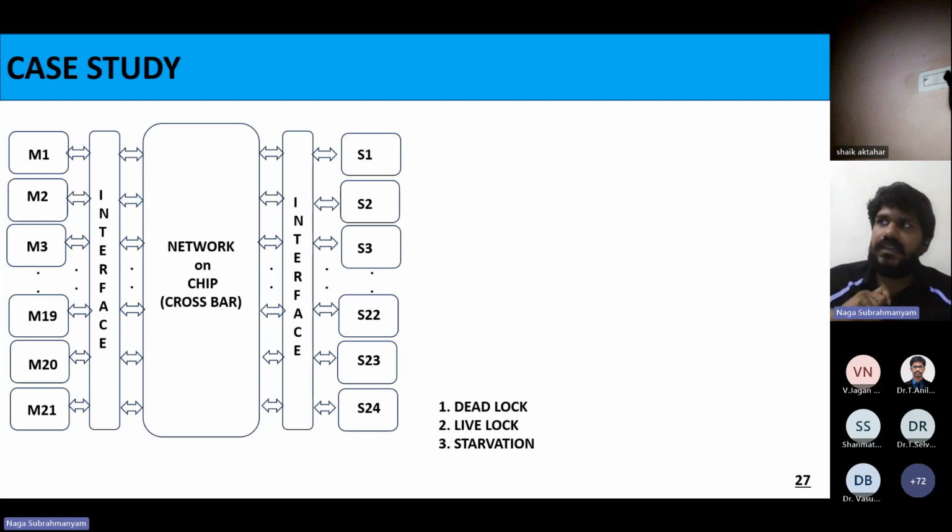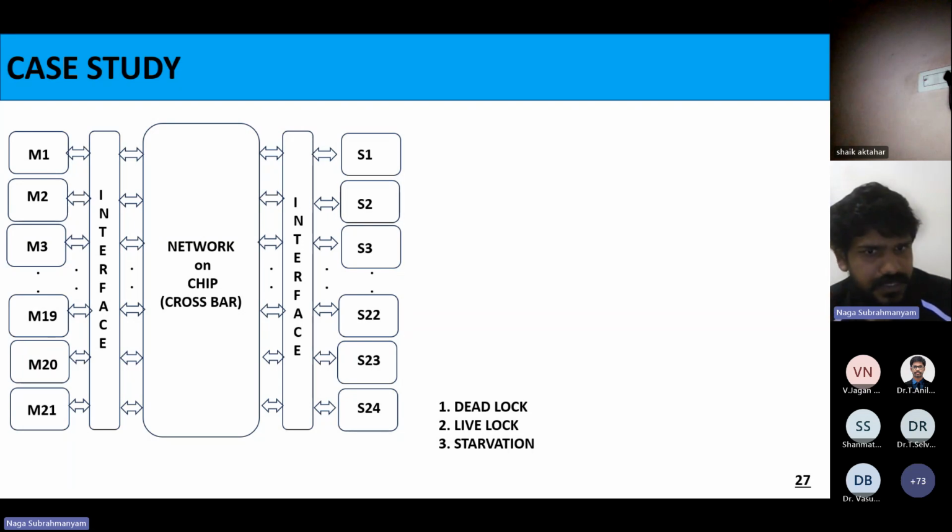That decoder will tell this has to go this side, this has to go that side. Now when it comes to the unmapped region, 1 MB remains, right? Suppose M2 is putting data to that unmapped region. The network on the chip has to take the responsibility to tell that there is no particular design or IP in that region, so it cannot be reached there, and it can be bounced back.